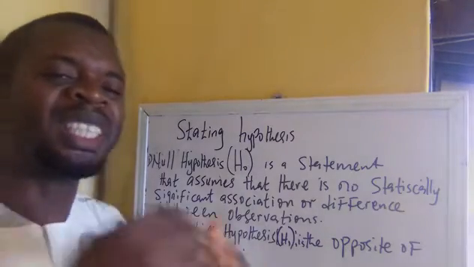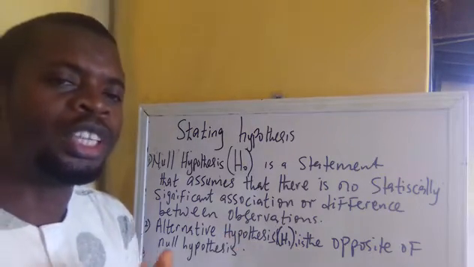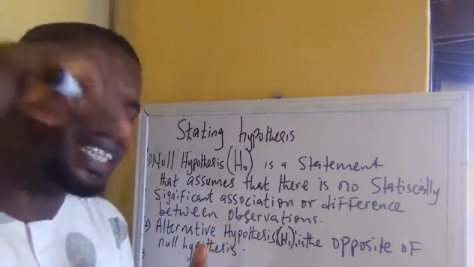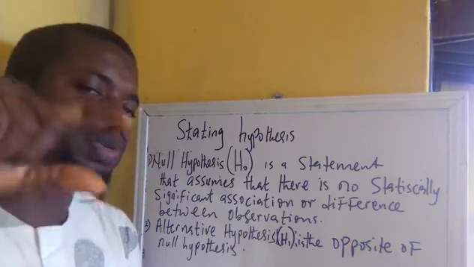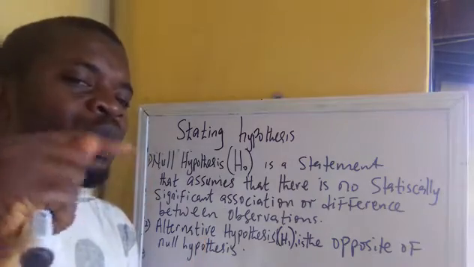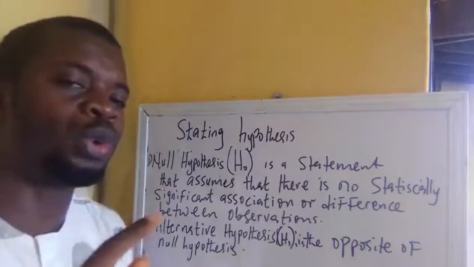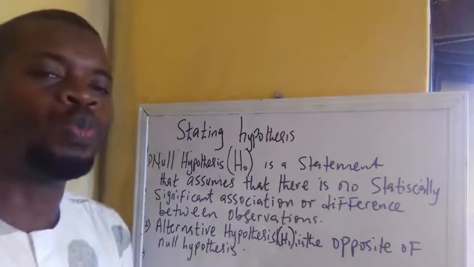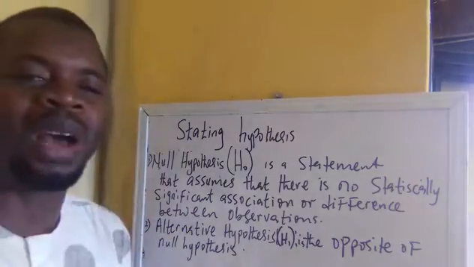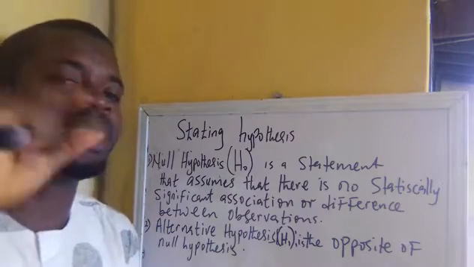So if you want to state your hypothesis, you have to negate that statement. You have to start with the negation of that statement. You have to make it a null. You must start with the null hypothesis. And what is the null hypothesis of that statement that I made?